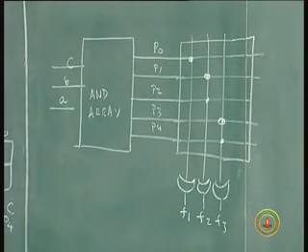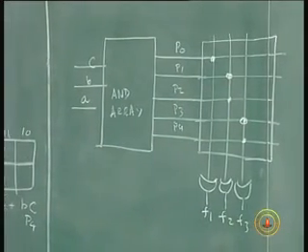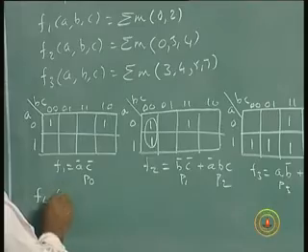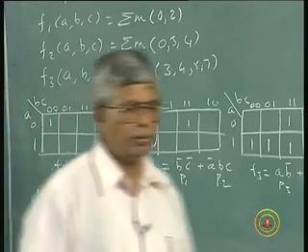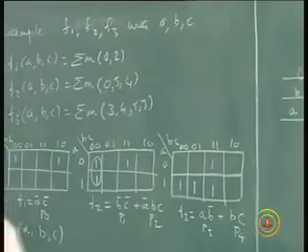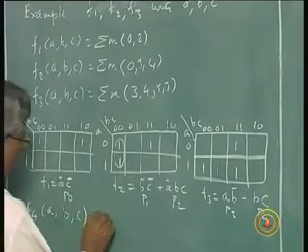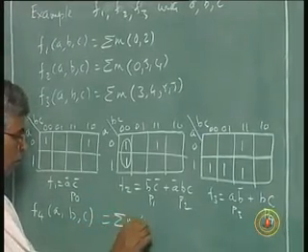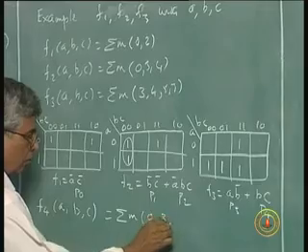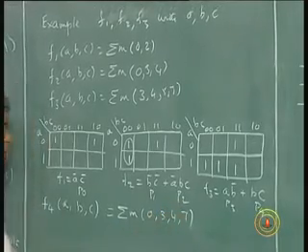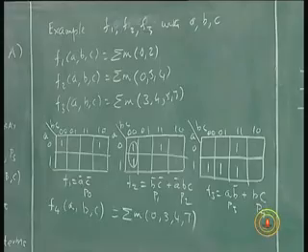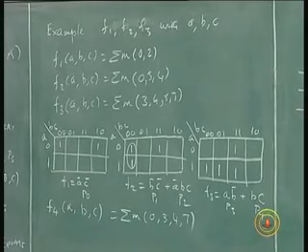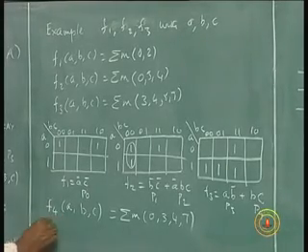Now if I want to add one more function, F4, suppose I want to now have a 4th output. So I need to simplify this map also.